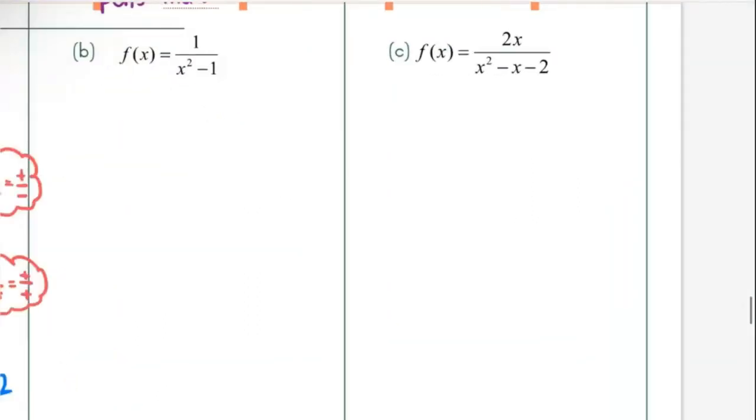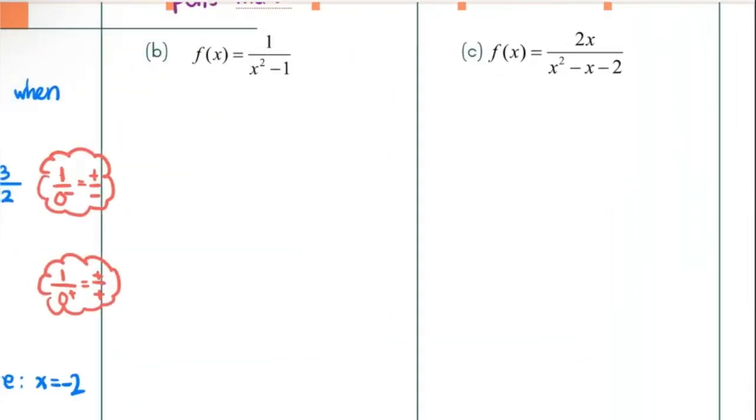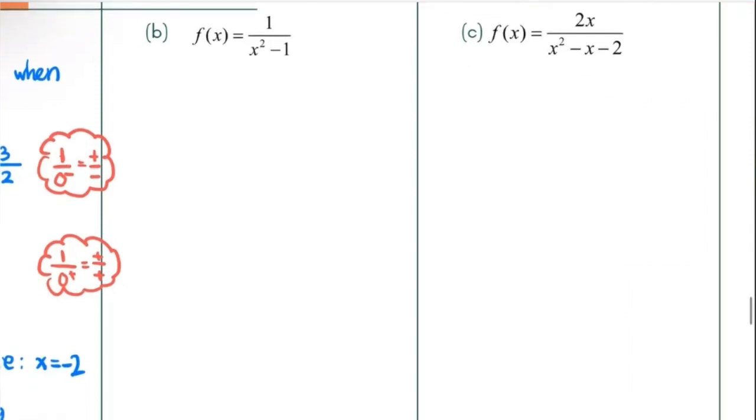So for 2x over x² minus x minus 2. This one can be simplified into 2x over x minus 2 dan x plus 1. Betul tak? So kita ada 1 tolak 2 dapat -1 dan -2 darab 1 dapat -2.